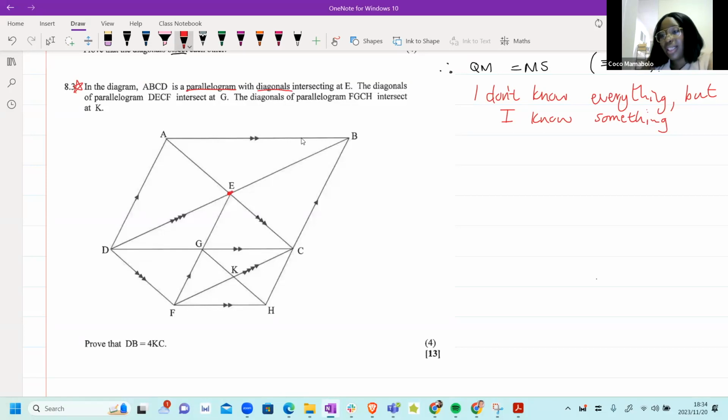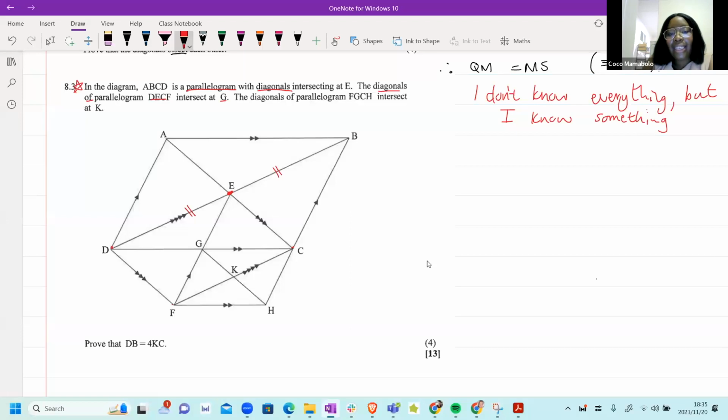Let's start with this statement. DE is equal to what? What is DE equal to? Good, Pascal, good. EB, we're off to a great start. You don't know nothing. You know something. Next part says, the diagonals of parallelogram DECF intersect at G. So there's my next parallelogram, DECF.